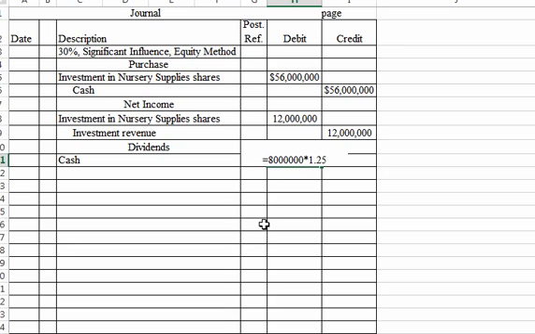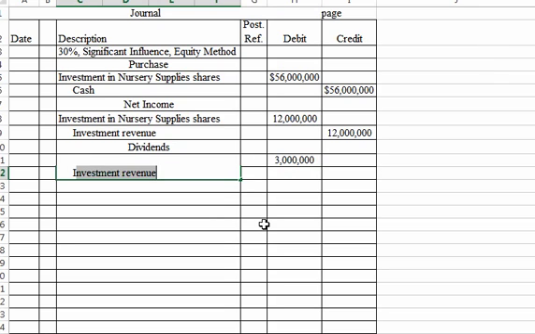That'd be total dividends, times the 30% owned by Florist. So that's $3 million. And then that's going to decrease our investment account, investment in Nursery Supplies shares.